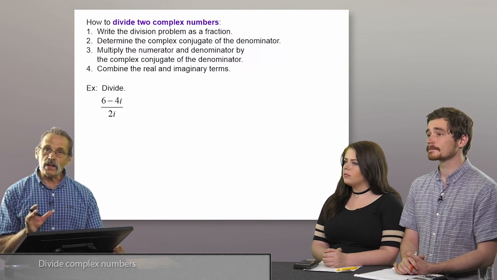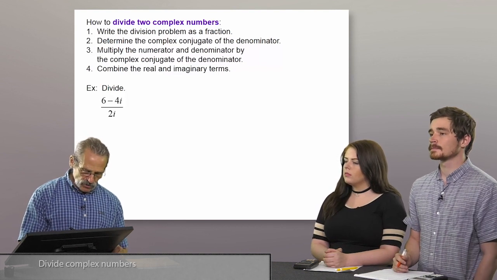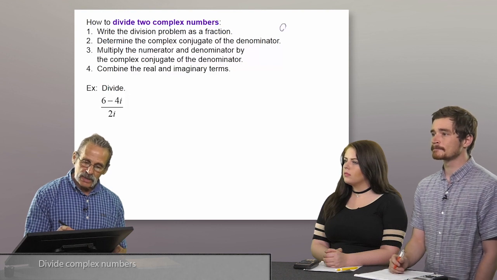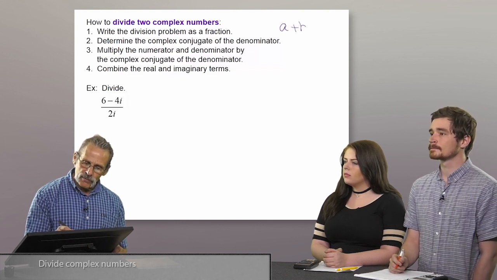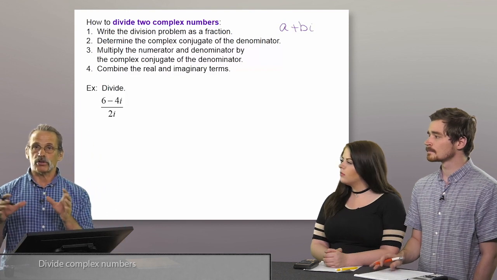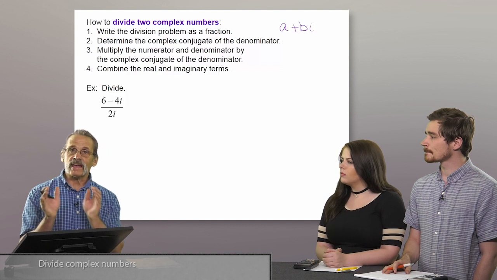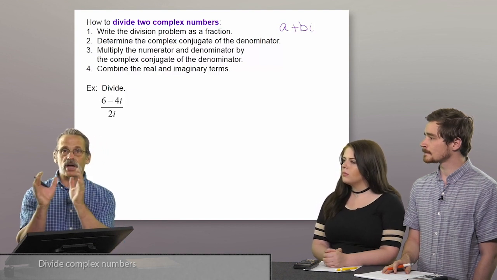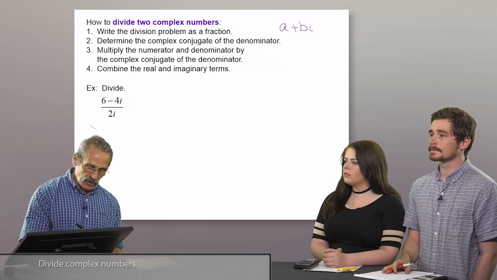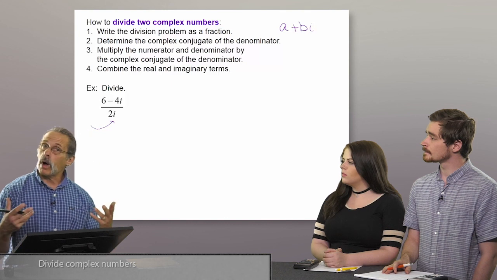Now, why did we want to stop and learn about complex conjugates? Well, strangely enough, the answer lies in how we write our complex number. It's written in the form of a plus bi. So it's a real number plus a real number times i. But what's key is that that imaginary part is a real number times i. So when I divide two complex numbers, I start with an i in the denominator. And that's not the form that we want.